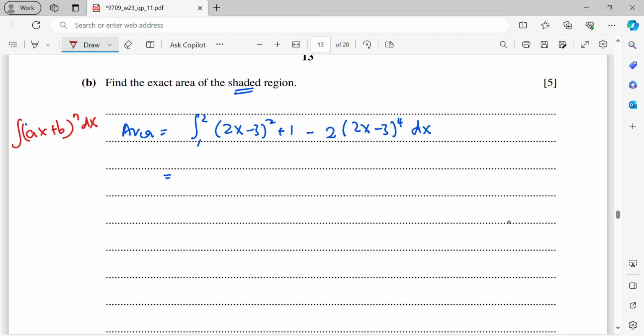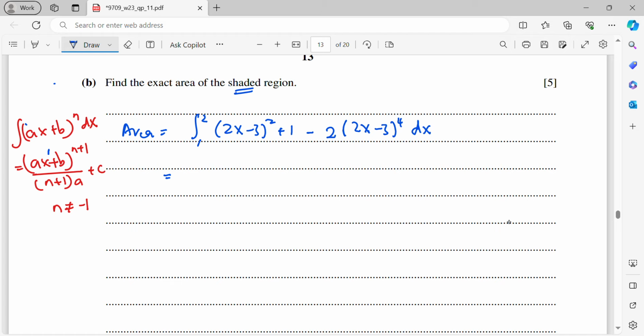Integrating (ax plus b) to the power of n gives (ax plus b) to the power of n plus 1 over the new degree, times the derivative of ax plus b, which is a, provided n is not minus 1.